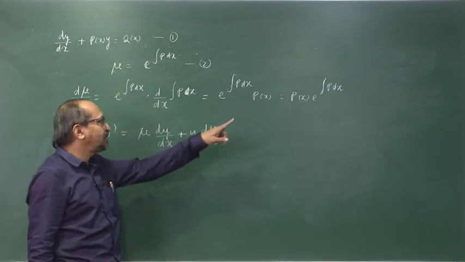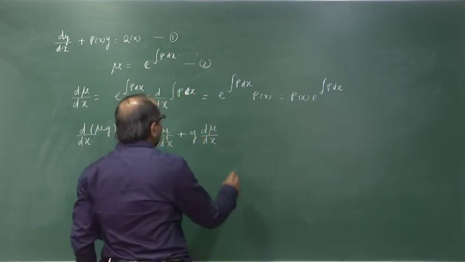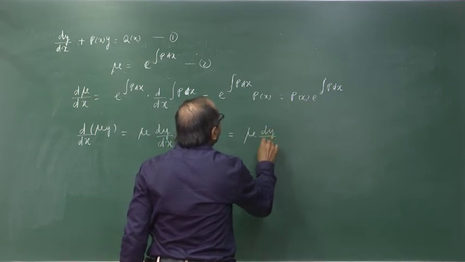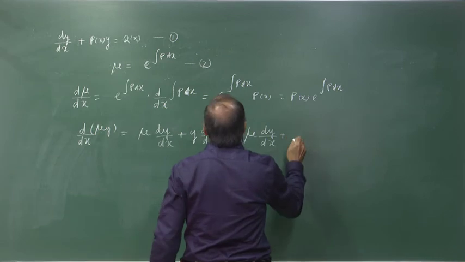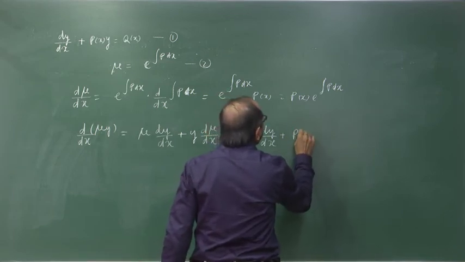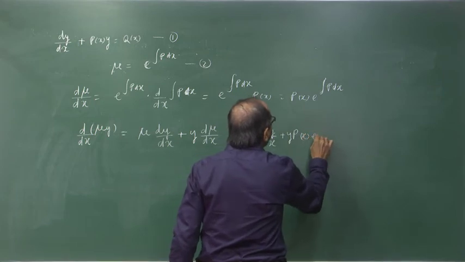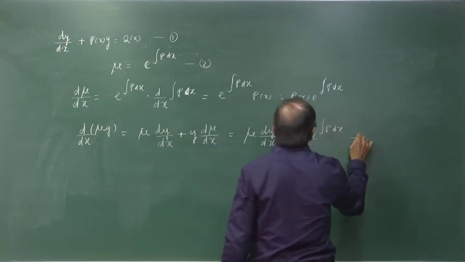It is nothing but p(x) times e to the power of the integral of p dx. So let us substitute this, then it becomes μ dy/dx plus y times p(x) times e to the power of the integral of p dx. Let us say this is equation 3.